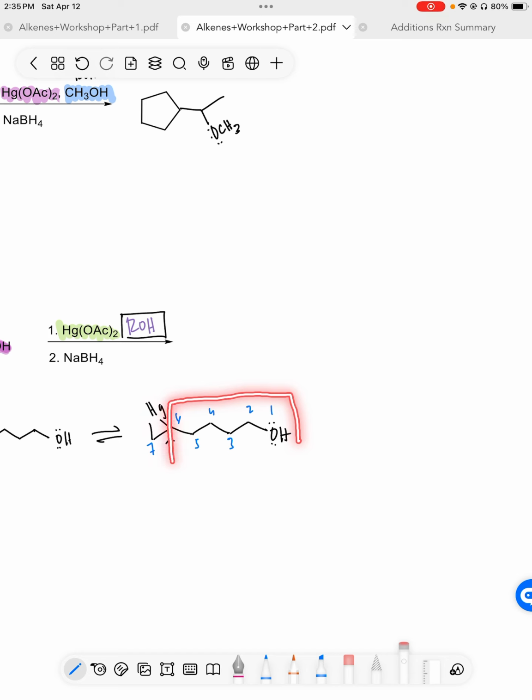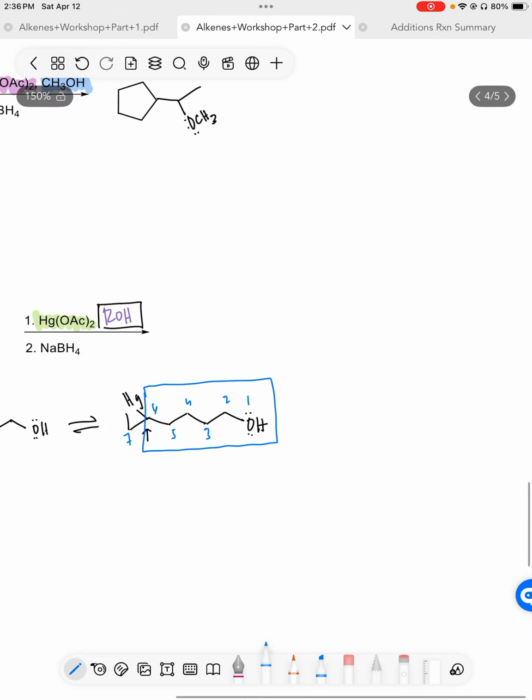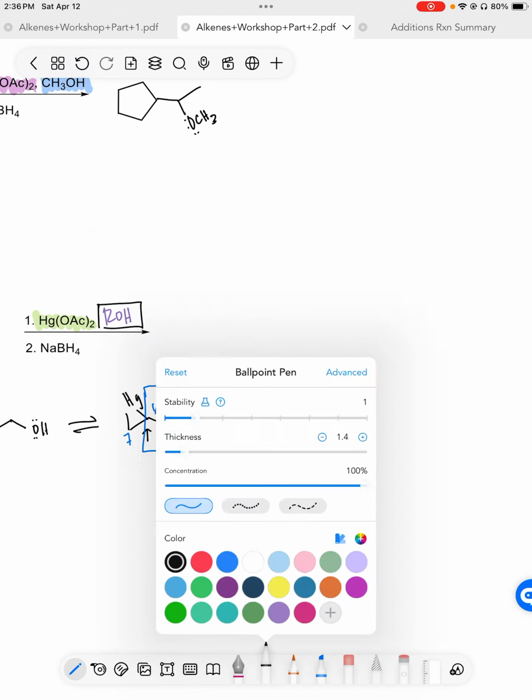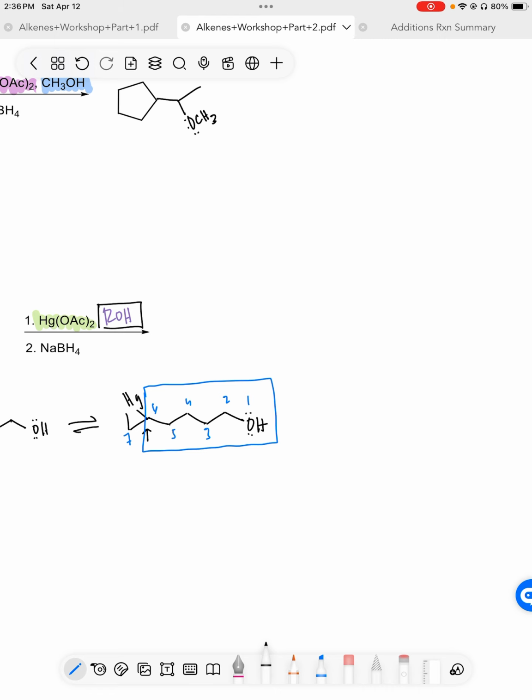So I draw, and actually let's draw it, I draw a box around the stuff that's going to be in the circle, and then anything outside of the circle will be outside of the circle. So I know I have a 6-membered ring, but it's going to have the oxygen as part of that ring, which is why I numbered it as 1.